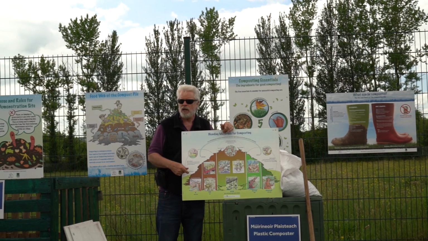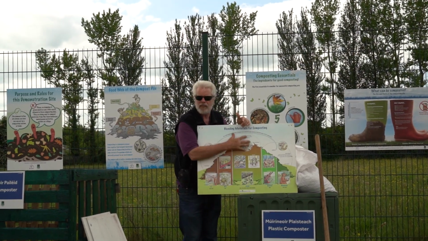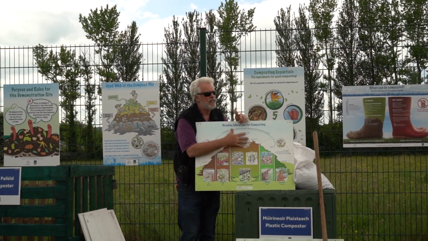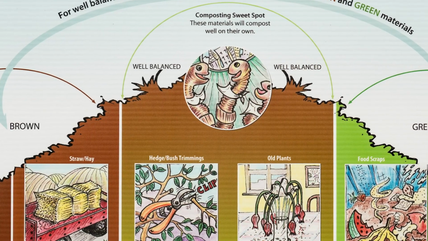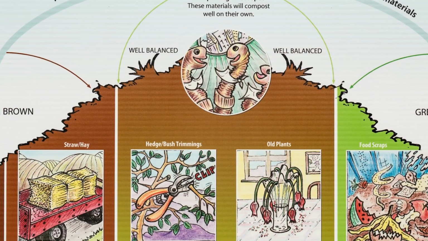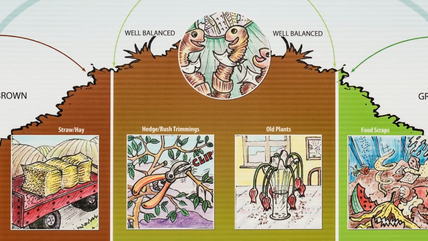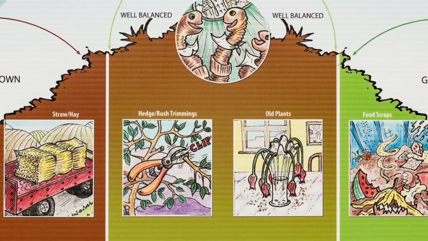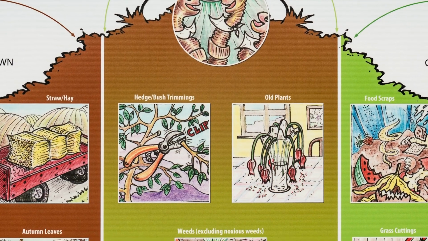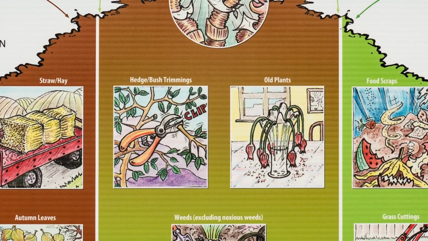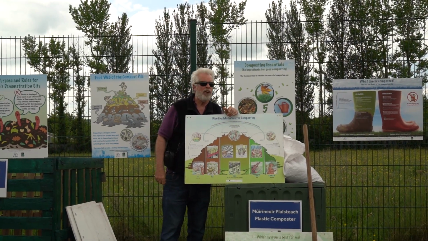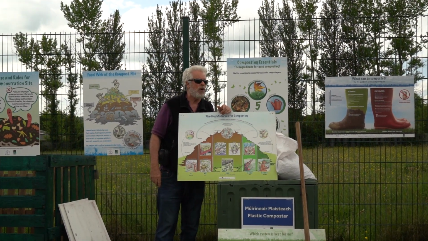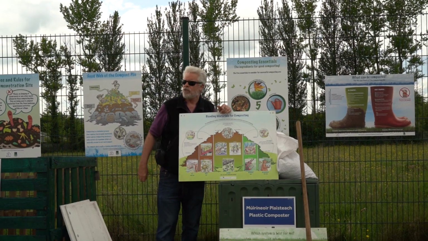Problem solved, folks, right? All right, here's a sweet spot for composting, right here. These materials in the middle are well balanced nutrient-wise. Bush trimmings, old weeds, old plants, old veg, all that stuff in the middle is ready to go. You just chop it up as you garden, you put it on the ground, give it a little sprinkle of water, any extra water runs off into the soil, and in it goes.